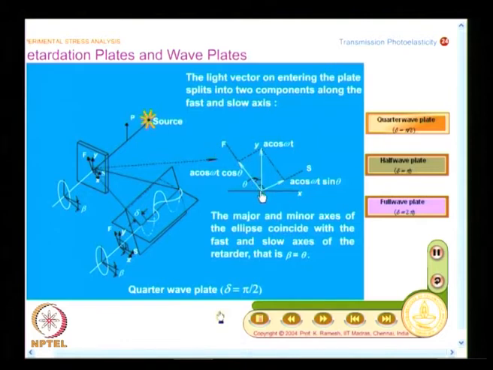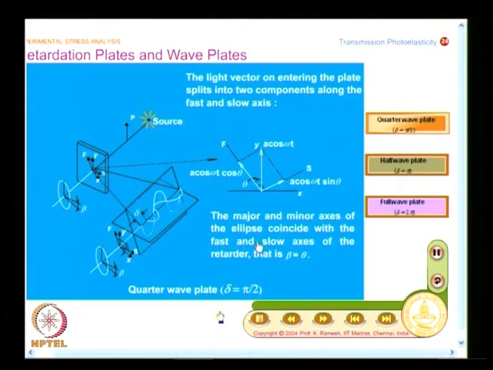If I have this as the horizontal and vertical axis, the major and minor axis of the ellipse will coincide with the reference axes, fast and slow axis.